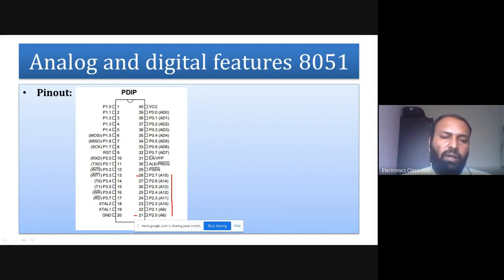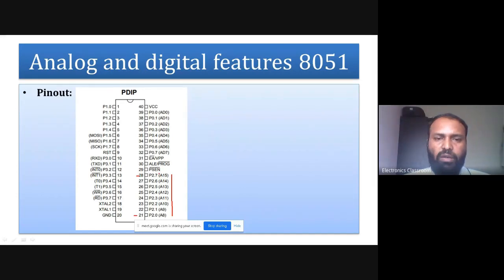If you see the nomenclature or numbering of ports, you will realize that pin 21 is P2.0, 22 is P2.1, and so on, and pin number 28 is P2.7. We can use those pins as simple IO pins, and those pins are reserved for port 2 applications.